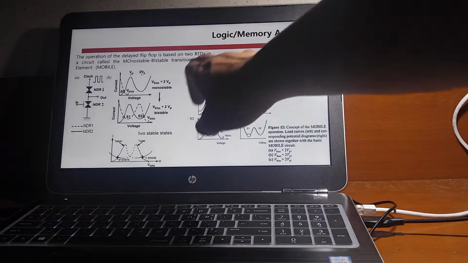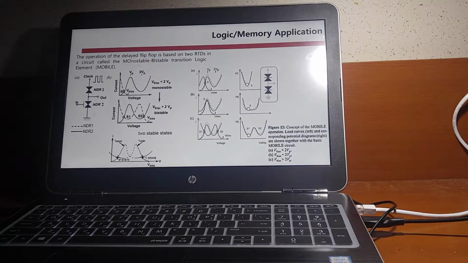And if the bias voltage is smaller than 2 times the peak voltage, we call this state monostable. And if the bias voltage is larger than 2 times the peak voltage, we call this state bistable.